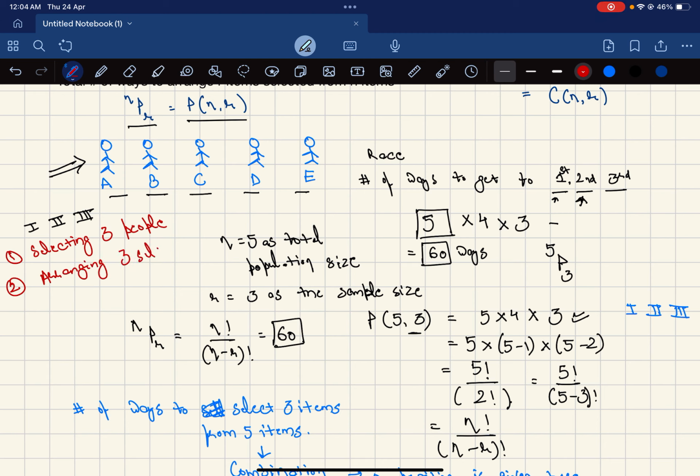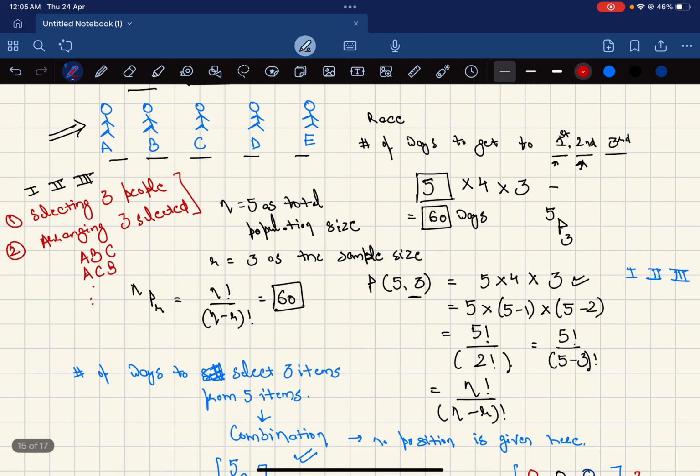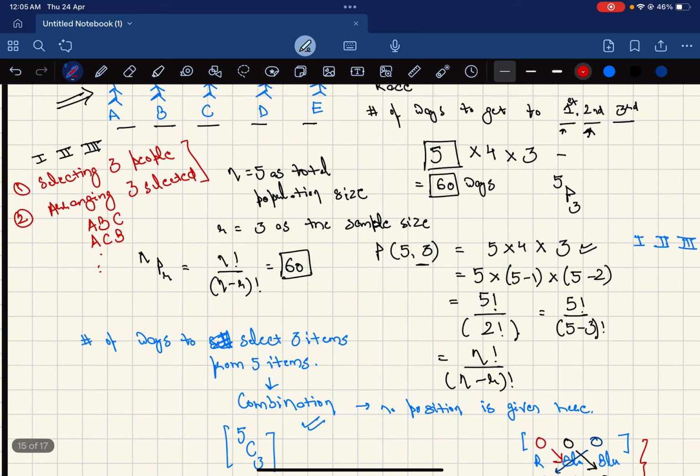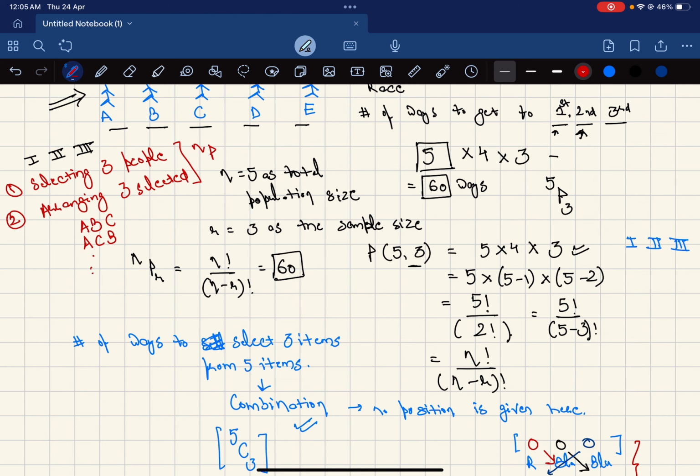So let us say we first select A, B and C as the 3 people who come in any of the first 3 positions, but then we also have to arrange them in a particular order, because it could be A, B, C, but it could be A, C, B and so on. So this total combination, both selecting and arranging, we already know there are nPr ways.